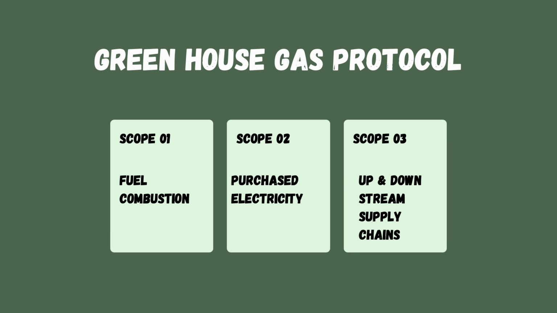But I think what's important to remember here is that this is just the first step. If doing a carbon footprint is something that you're tackling for the first time, it's not just a one-time event. It should be something that you do every year.